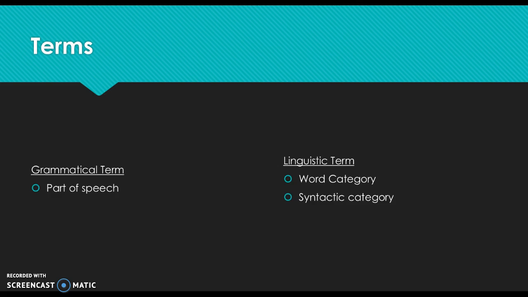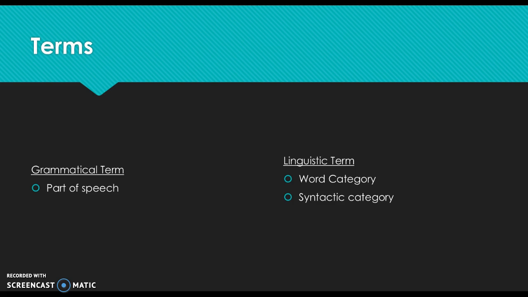One of those differences is the linguistic terms word category or syntactic category as opposed to the grammatical term part of speech. Now these are almost synonymous, which is good for this situation. But other terms, like morpheme, are linguistic terms that might not have an analogous word in grammar books.